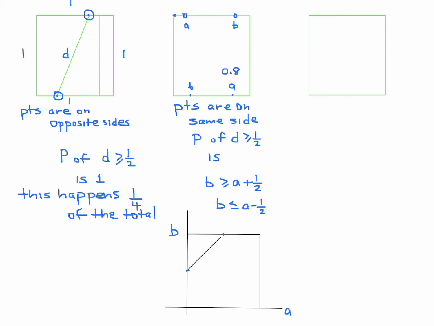So like this. And then the other one, where B is less than or equal to A minus a half, is the line between those two midpoints. So this scenario right here.